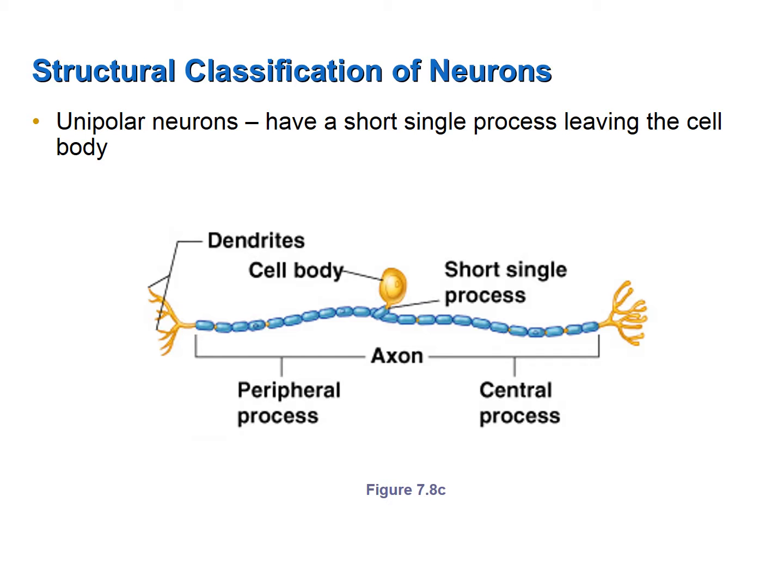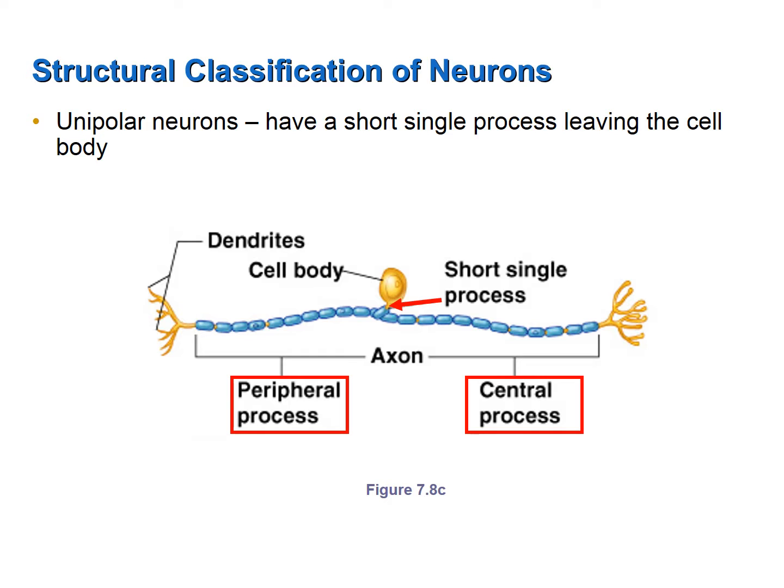The third and final structural classification of neurons are unipolar neurons. Unipolar neurons have one single process shown here. Uni means one. That process does branch into a peripheral process which extends away from the central nervous system out into the body, and a second central process that extends toward the central nervous system.